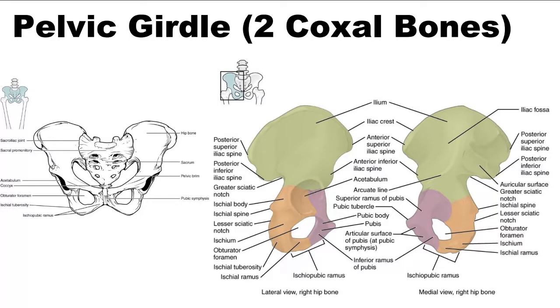The landmark that gives us these 3 bones is made at the acetabulum.